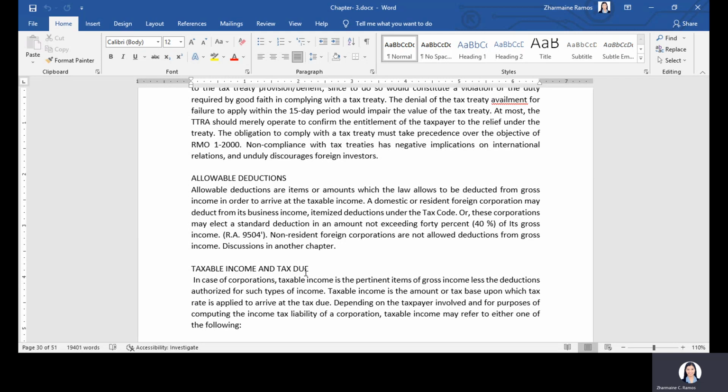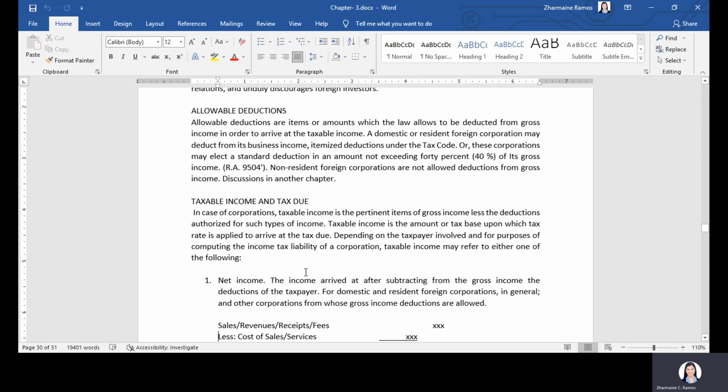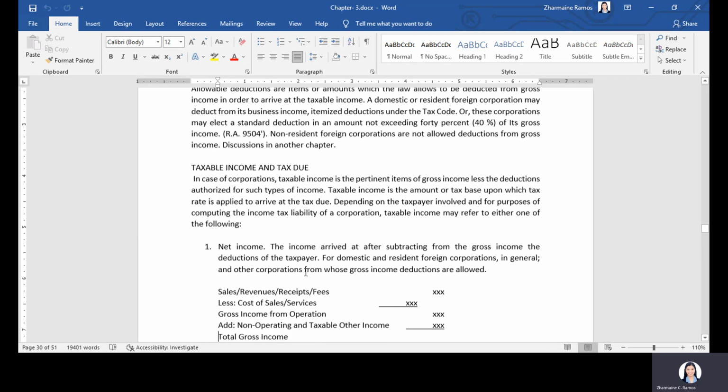So, it depends on the taxpayer's involvement. And for the purposes of computing the income tax liability of a corporation, it may refer to either one of the following. Net income is the income arrived at after subtracting from the gross income the deductions of the taxpayer. So, for domestic and resident foreign corporations in general, and other corporations from whose gross income deductions are allowed.